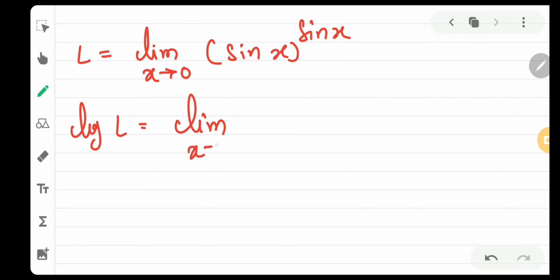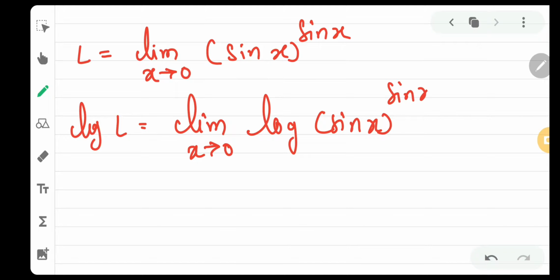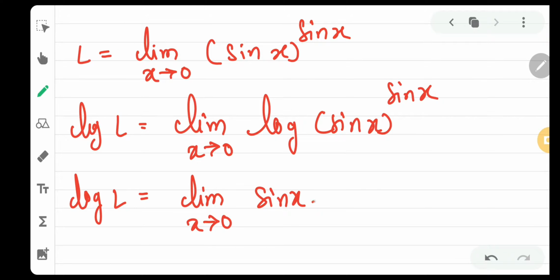So this will turn into limit x tends to 0 log of (sin x) the whole raised to sin x, and we have the formula that log of m raised to n, the power will come down. So this will turn into log L is equal to limit x tends to 0 sin x into log of sin x.